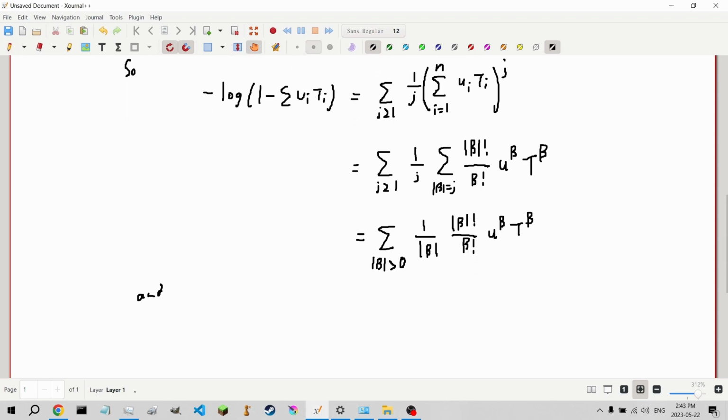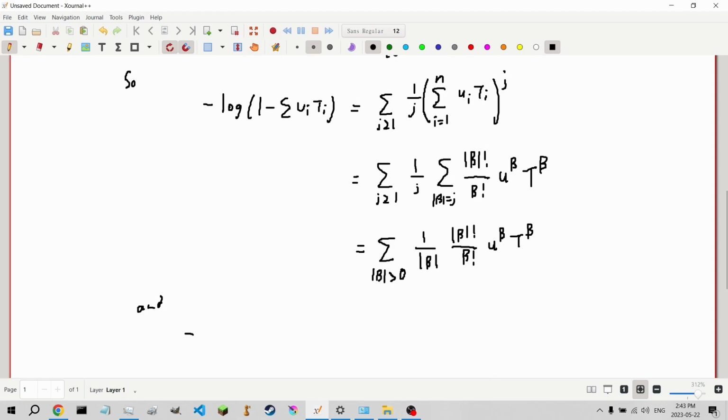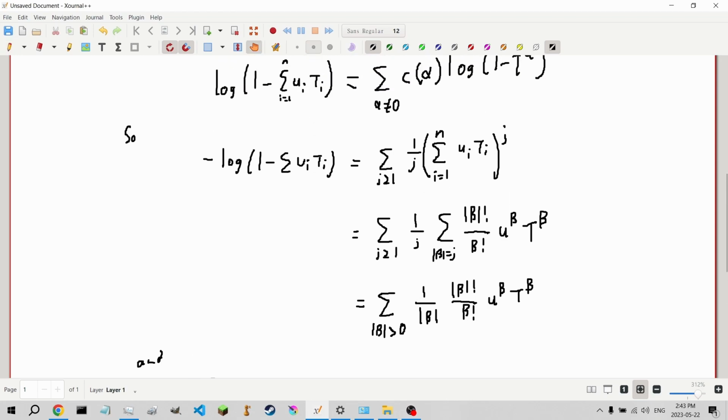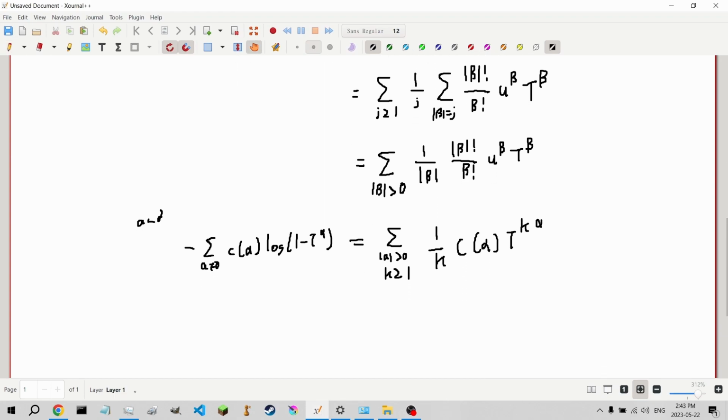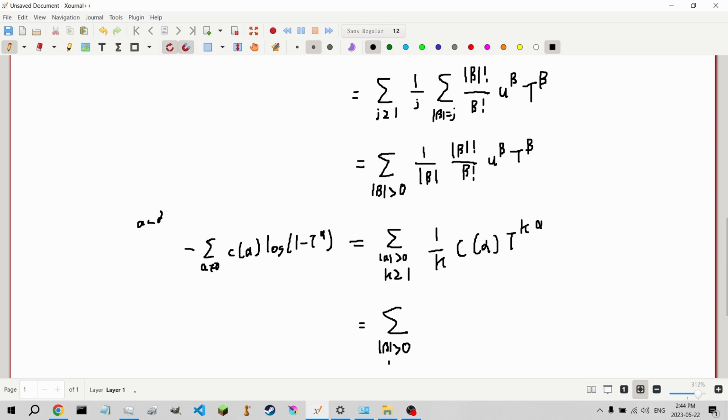And we also have that the negative of the sum for non-zero alpha, this is our right side of the above, of c alpha log of 1 minus t alpha is the sum for alpha being positive and k being at least 1 of 1 over k c of alpha times t to the k alpha, which is the sum for beta being positive and k dividing beta of 1 over k times c of beta over k times t to the beta.